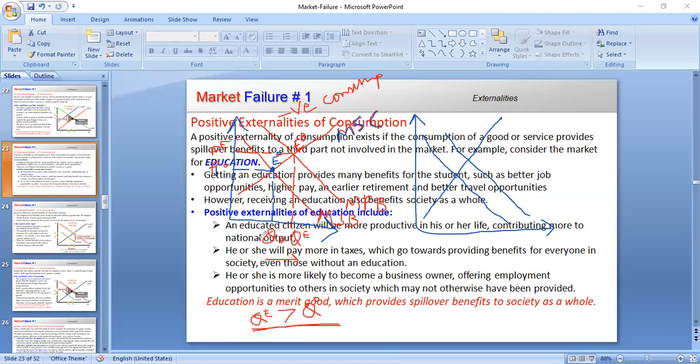So that's how we looked at the negative externality in production, where we looked at, for example, the cigarette industry, like BAT, British American Tobacco. And what the government does here, as long as it's a negative externality, is impose a tax, which we saw as the Pigouvian tax or the corrective tax.